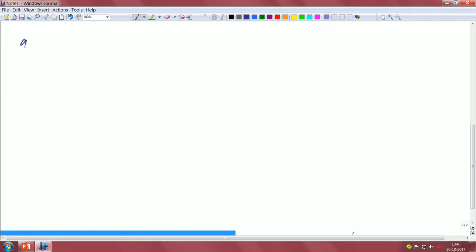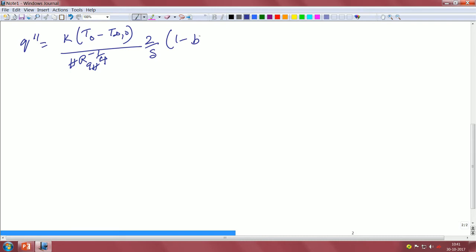The q double prime will be given as k, T naught minus T infinity naught, divided by h Ra_h to the power of minus 1/4, 2 by delta bar, 1 minus B y bar. This is delta bar. That is the expression that you get.